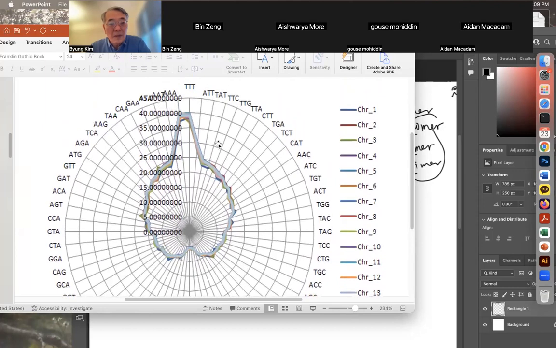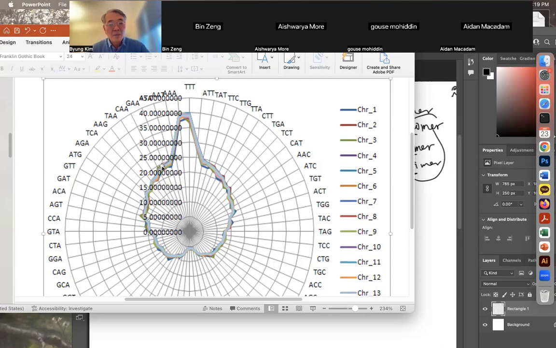If I take a look at the counts of TTC, it has about 25. So if you scale it, it's a little bit less than 25 for TTC. And if you go across, you have similar counts for GAA and CAA, like that, right?